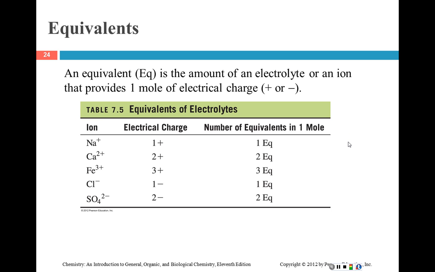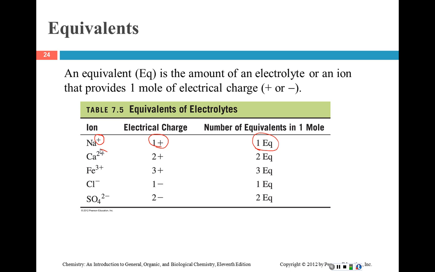When you're producing ions in water, depending on how many ions you're going to end up with, we call those equivalents. It's basically the charge. If you have a sodium ion, which has a +1 charge, it will produce 1 equivalent per mole in an aqueous solution.